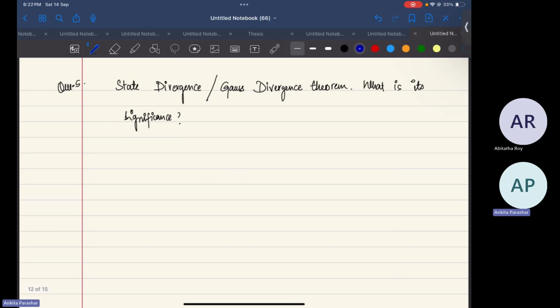So let's come to divergence now. Stokes has been done, now divergence. What is the Gauss divergence theorem? What does it say?